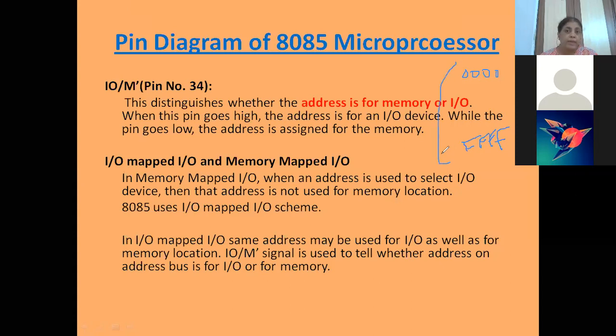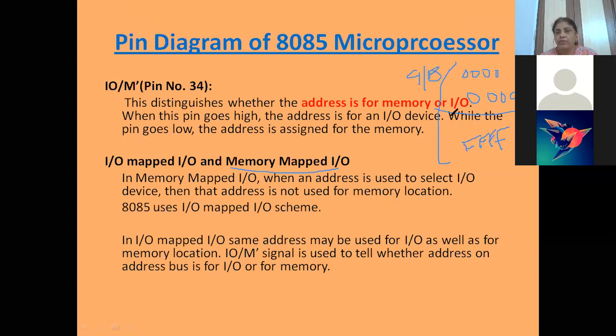तो जब पहले के माइक्रोप्रोसेसर थे उसमें this scheme was there, memory mapped IO, where we have different addresses for input output and separate addresses for memory. Let's say I'm taking first 10 addresses for input devices. I have reserved first 10 addresses for input or output devices.